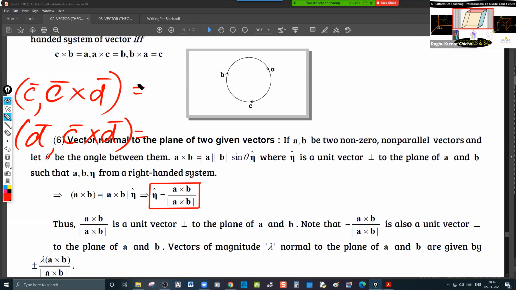What is the angle between C bar and C bar cross D bar? And between D bar and C bar cross D bar? 90.